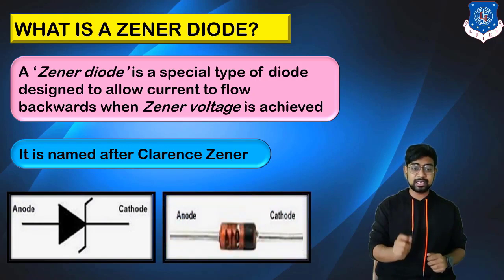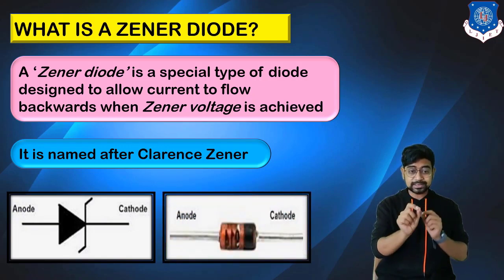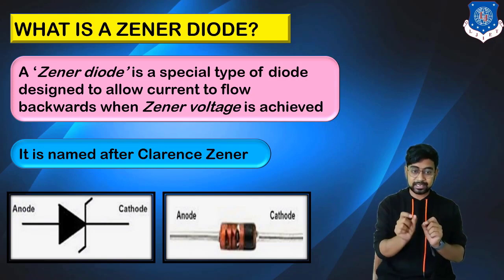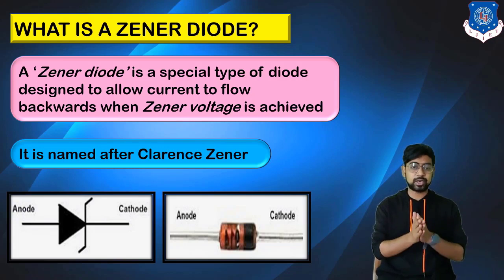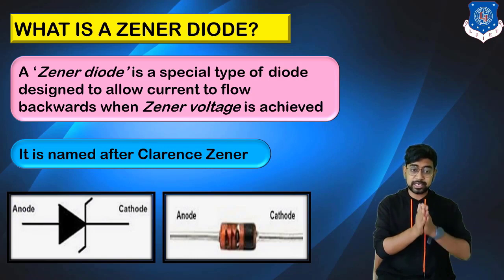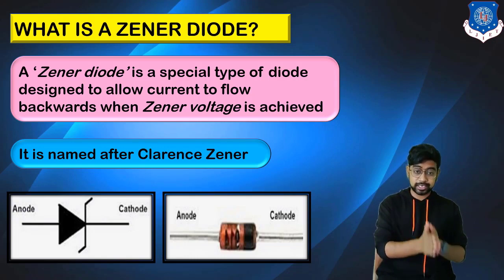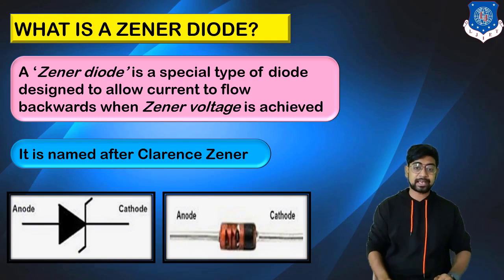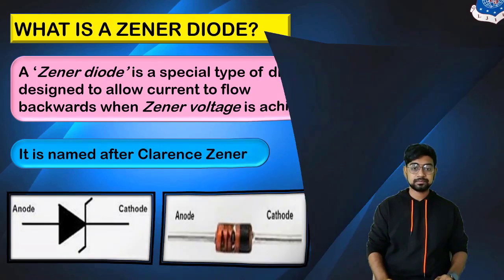Practically, the orange side is the anode and the cathode is the black line. The Zener diode looks very different from the PN junction diode. It's very easy to recognize because it's orange in color, and that orange color denotes the anode, and the straight black line is the cathode.